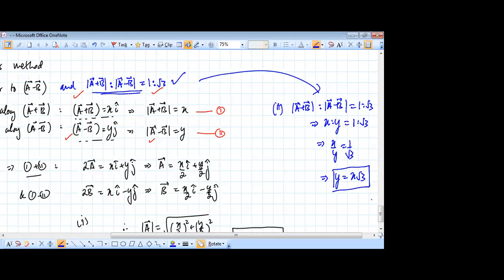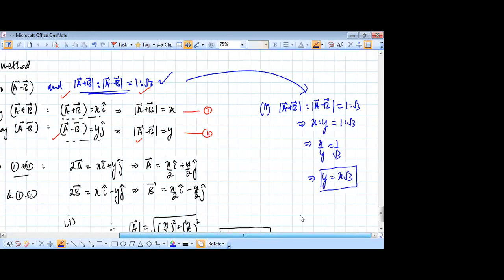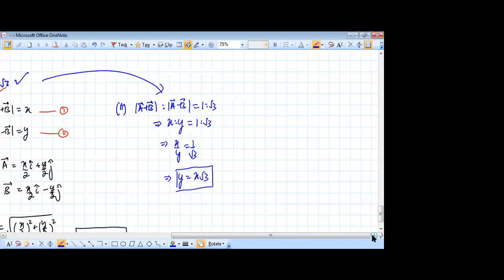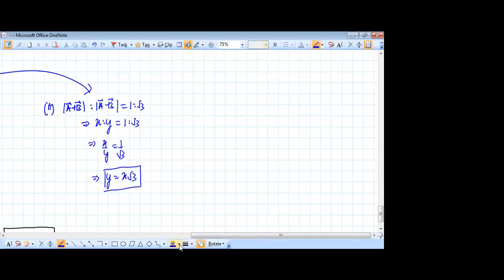How will I find it, see now. What I can do is draw the two vectors a and b, because I know their components ratio now. So I can now think of drawing the vectors a and b in the xy plane, and they will look like this. See, we'll end up drawing that rhombus on our own.